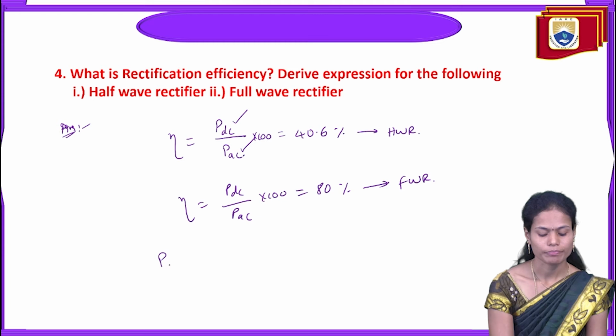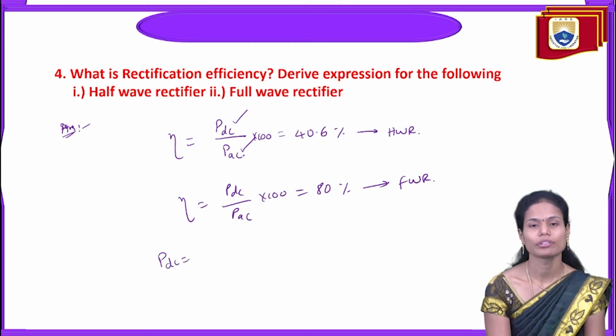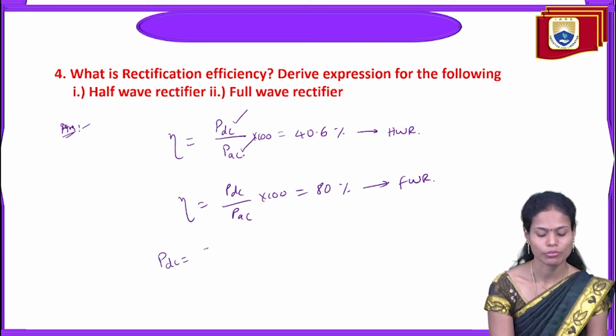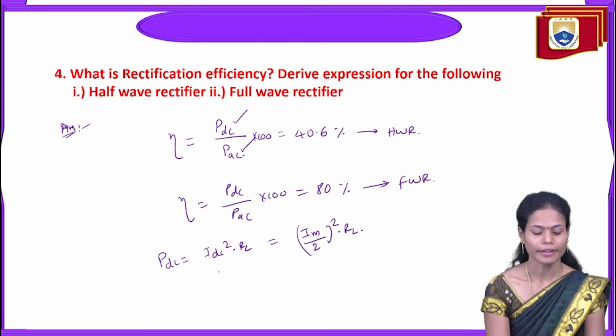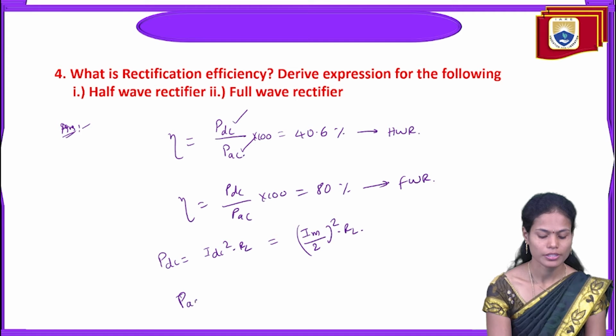So in the case of half wave rectifier, PDC equal to IDC square into R, and IDC is nothing but Im by 2 whole square into R, and PAC is nothing but IAC square into RL plus RF plus RS.